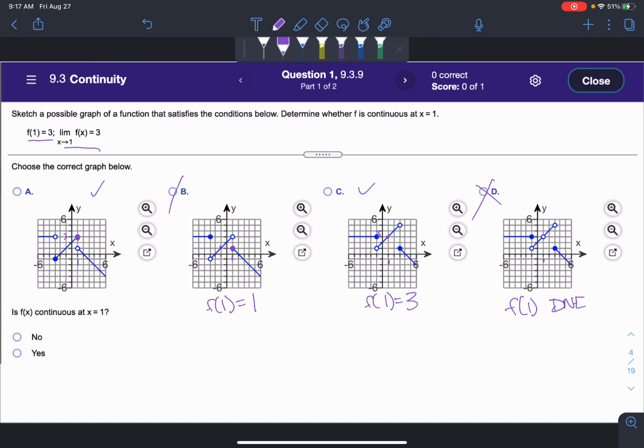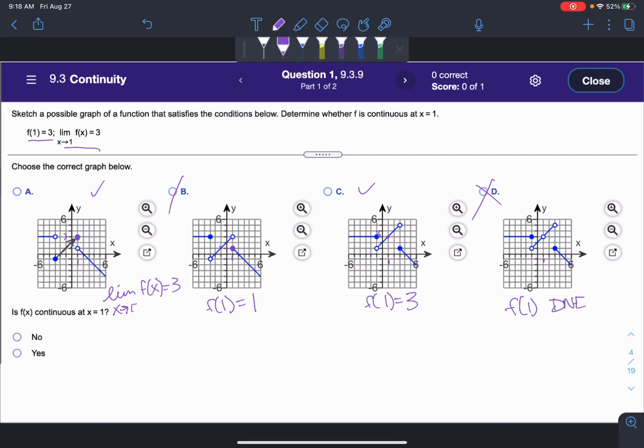And so let's look at our second condition. We want the limit as x approaches 1 of f of x to be 3. So let's look at the limit here. So at 1, if I'm coming from the left-hand side, I'm approaching 3. So the limit as x approaches 1 from the left-hand side of f of x is 3.